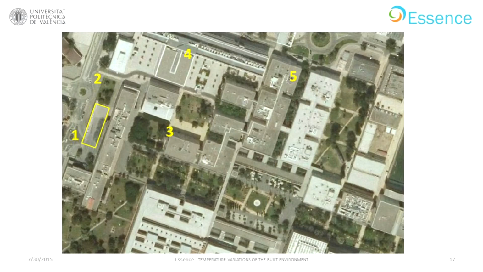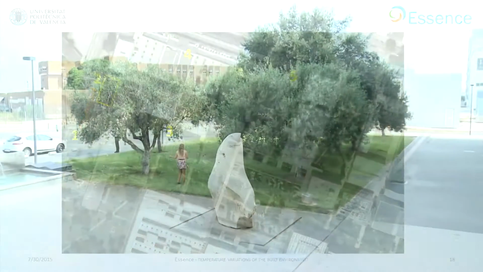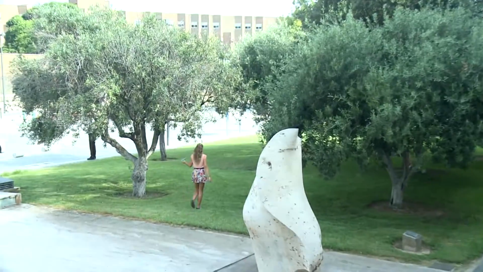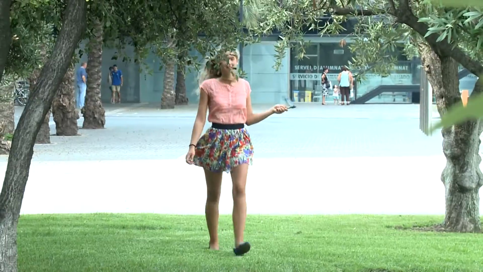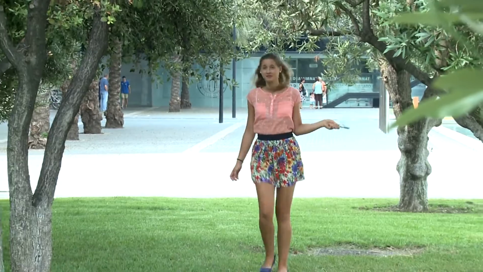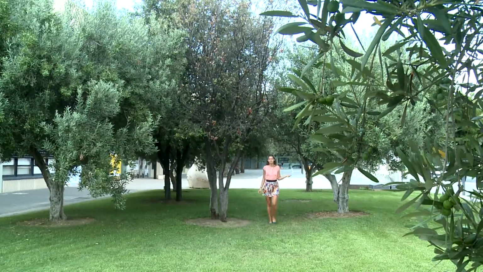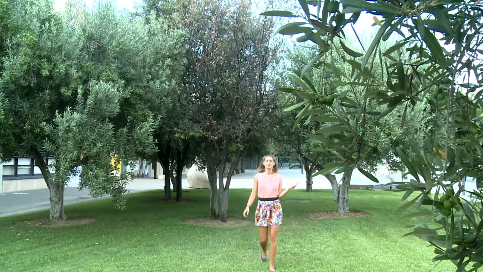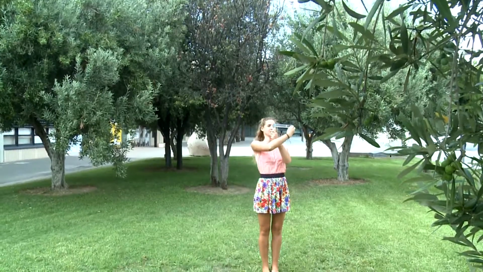The second sample point represents a tree-covered land with olive trees, with quite high tree canopy cover. It has close buildings, so the lawn area is shallow at first measuring in the morning.